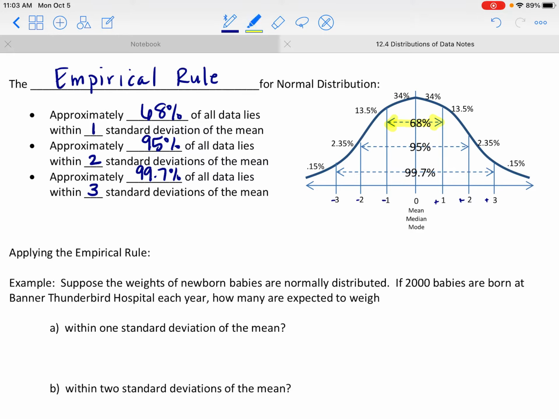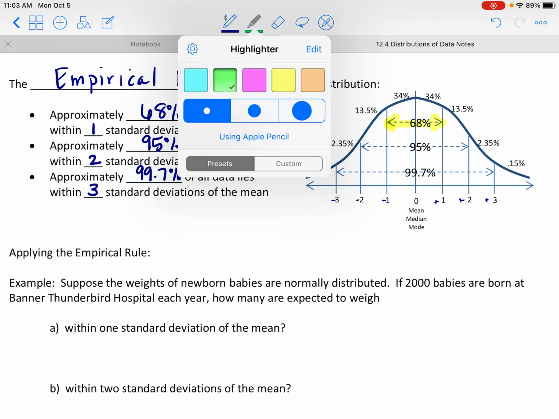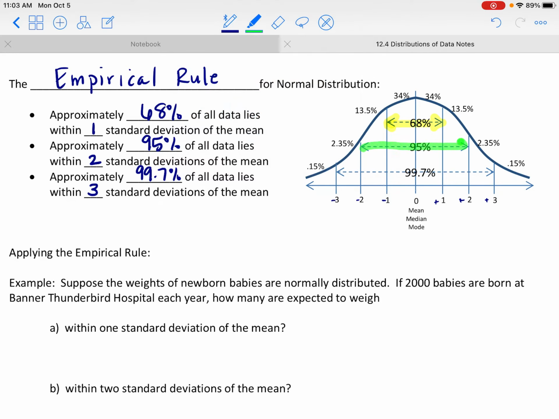So if you're adding 1 time, there's going to be 68% that's in that window. Okay? And then if you added and subtracted twice, you're going to have 95% that's within 2 standard deviations. And then if you added and subtracted 3 times, then 99.7 is going to be within those 3 standard deviations.